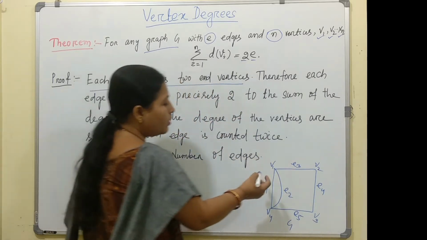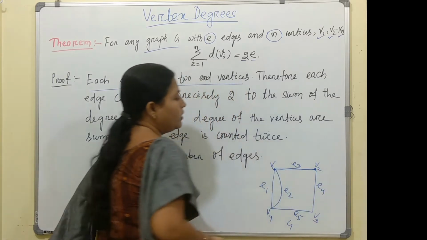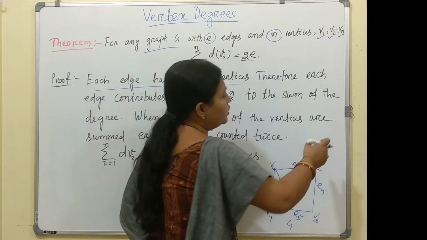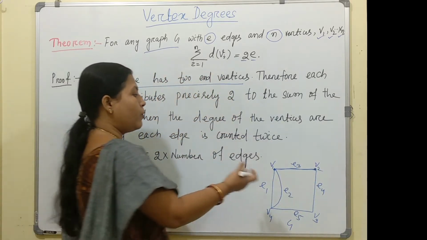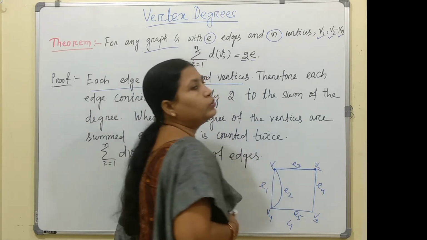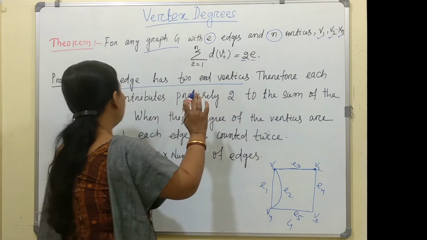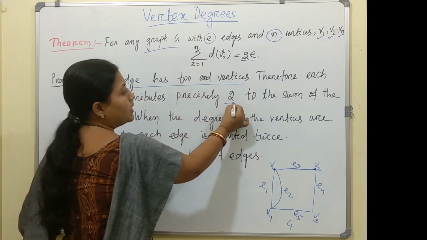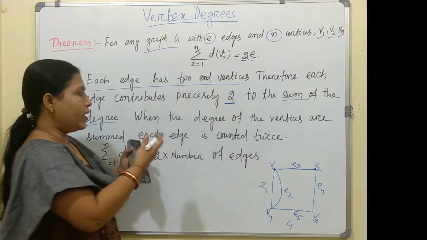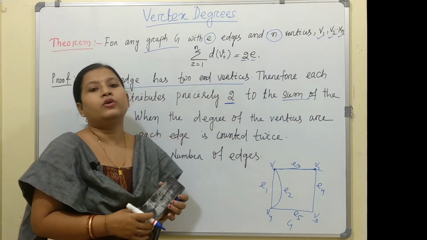When we choose the edge E3, E3 is incident with V1 and E3 is also incident with V2. So when we find the degrees of vertices, it is counted 2 times. Each edge has 2 end vertices, so each edge contributes precisely 2 to the sum of the degrees. So when the degrees of vertices are summed, each edge is counted twice.